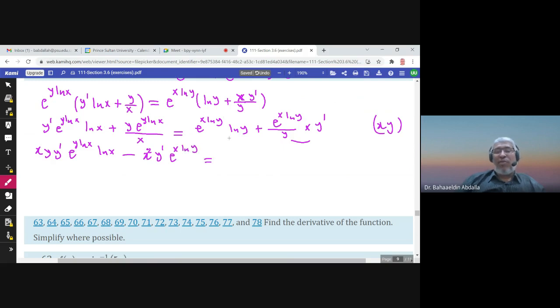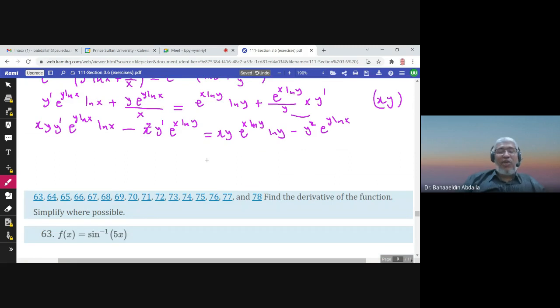I have this term here, but I will multiply by xy. And this term, I take it to the other side, but I will multiply by xy. X cancels with y, and I'll have y squared e to the power y ln x.